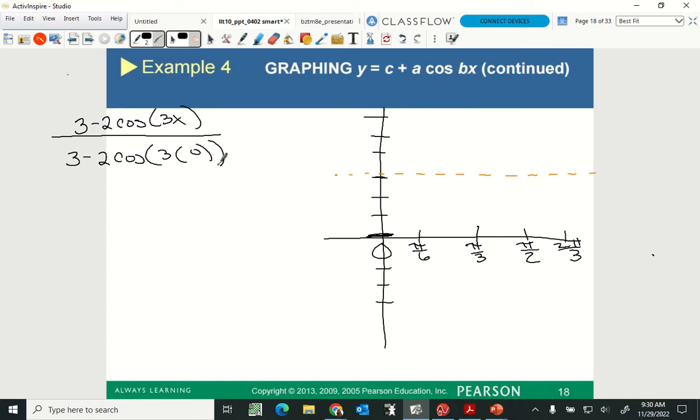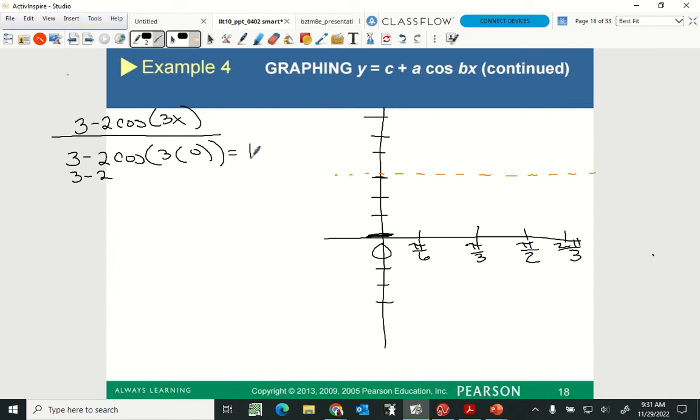All right, 3 times 0 is 0. Now, put your finger on 0. Okay, so cosine at 0 is 1, times 2, that's going to be 2. So this is going to look like 3 minus 2. So what is 3 minus 2? 1. It's positive 1 here.